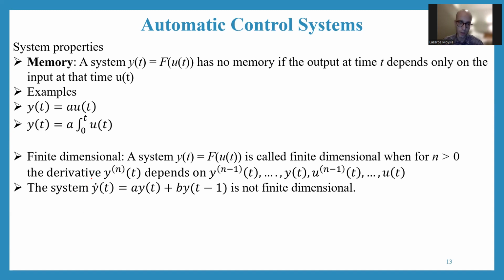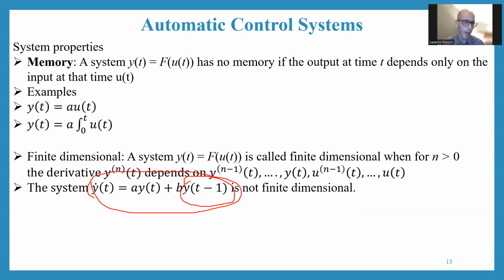Delay systems are described by differential equations that include not only functions of time at a fixed time t, but also delays. So this is a delay term right here. It has to do with the value of y at time t minus 1, so 1 second earlier. These are extremely hard to analyze. They are very interesting, of course, because they appear a lot in practice, and they are a very big part of the control community. So this is a case of a system that has memory.